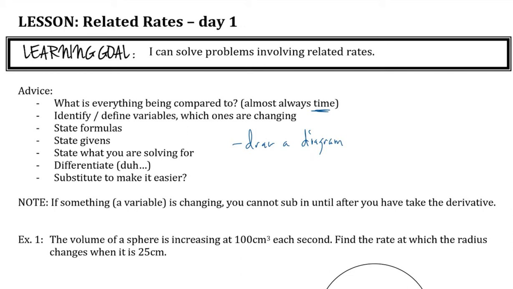Okay, we're going to write down formulas that we're going to use. If we're talking about volume of something, you write down the formula for volume. This is actually a strategy if you're stuck, because if you write down the formula, then you can see what variables are in there, and that might help you start to think about what values you need in order to solve the problem.